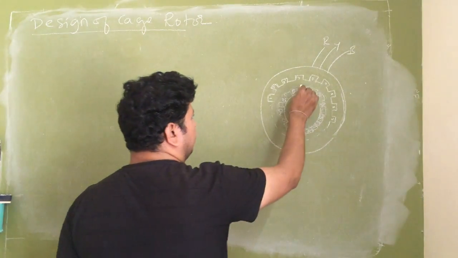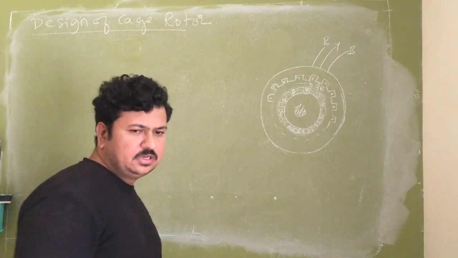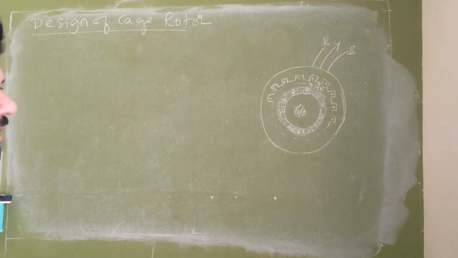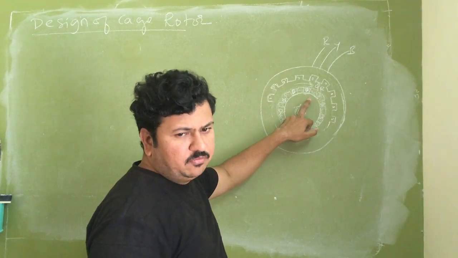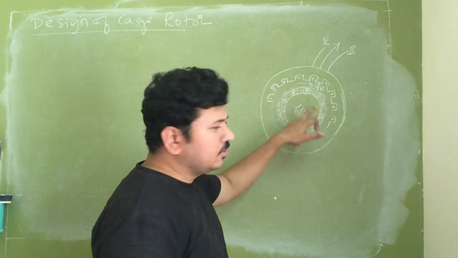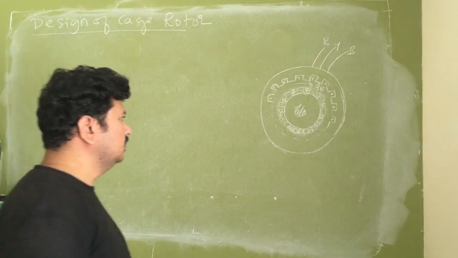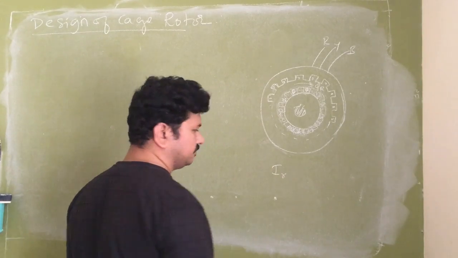Now the rotating magnetic field phi s is linking to the rotor conductors, and an EMF is induced in the rotor conductors. That induced EMF circulates current in the rotor conductors, because the rotor is short circuited on itself. Therefore, there is a rotor current Ir.